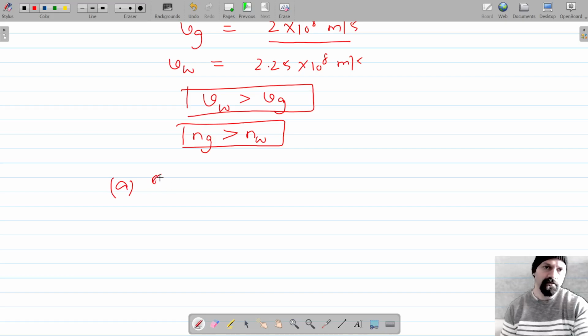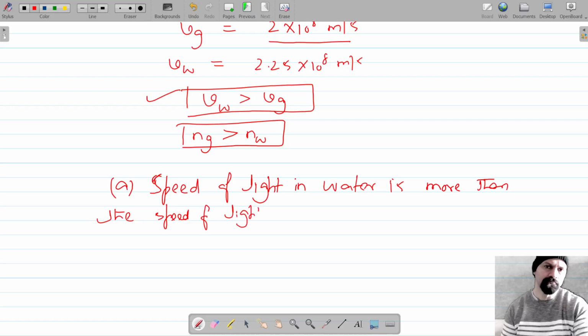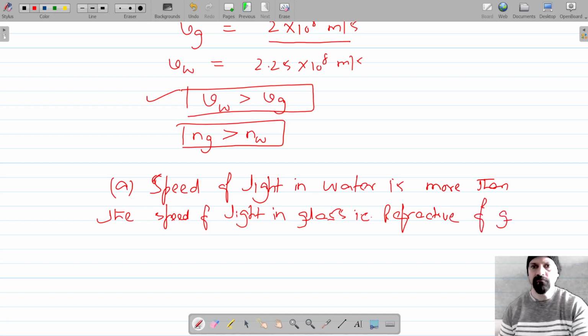We can write that the speed of light in water is more than in glass, that is, the refractive index of glass is more.